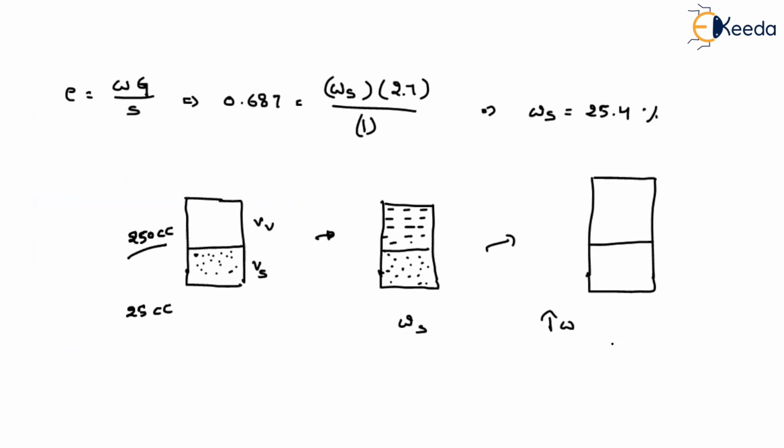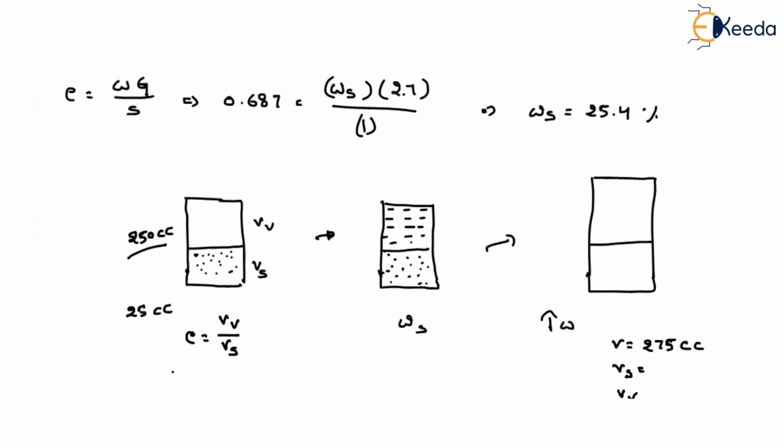The total volume is 275 cc. From this, I have to find the volume of solids and the volume of voids. Will the volume of solids change? No, it will always be constant. How can I find the volume of voids then? In this relation, I know e is equal to volume of voids to volume of solids, isn't it?